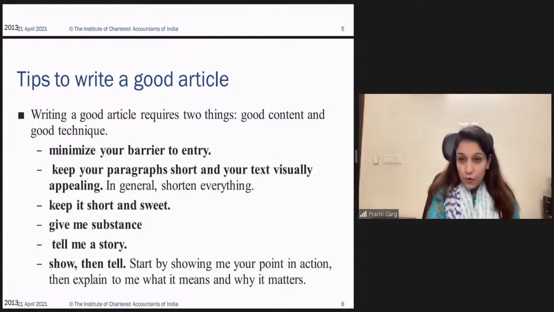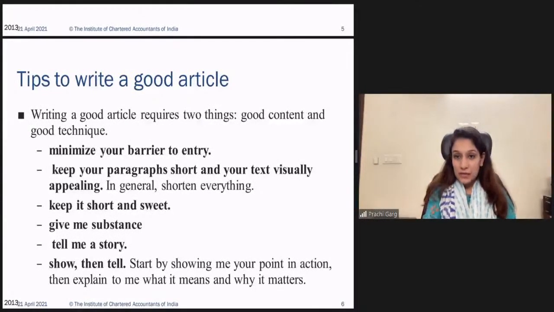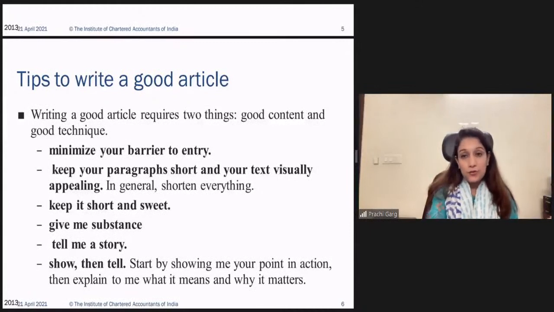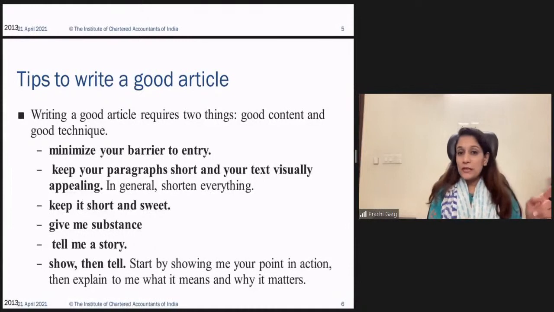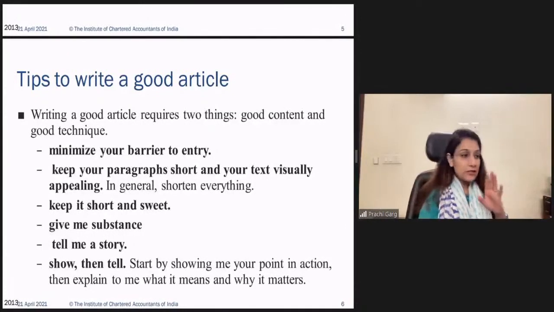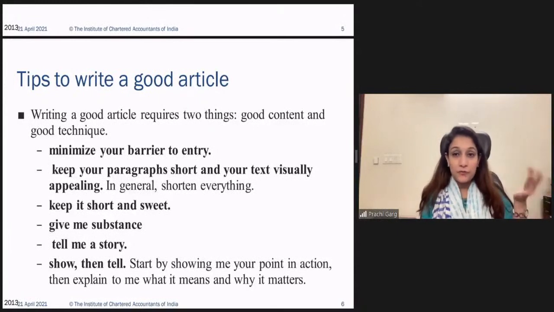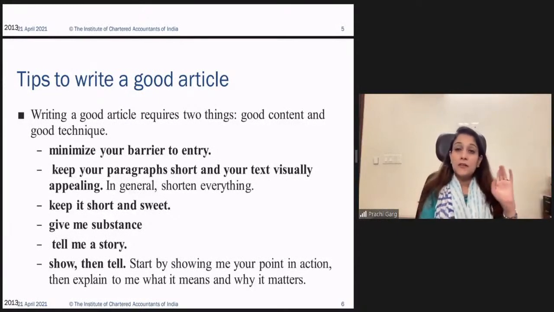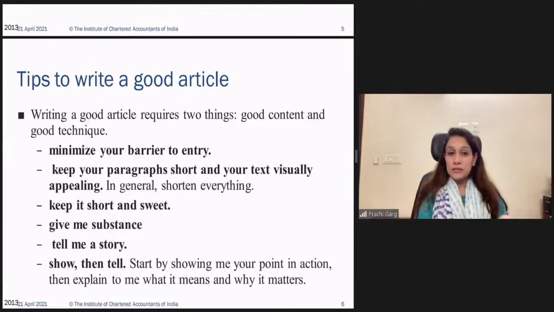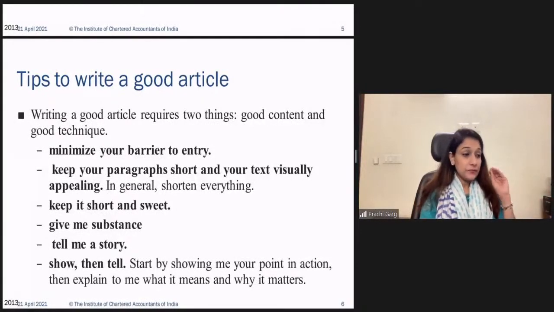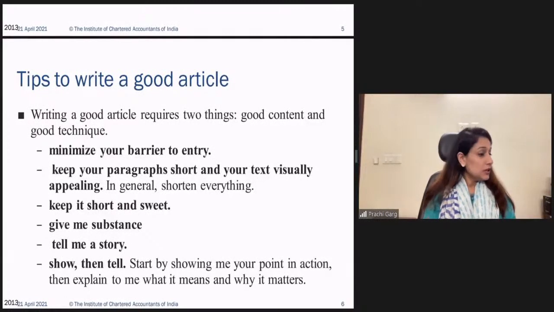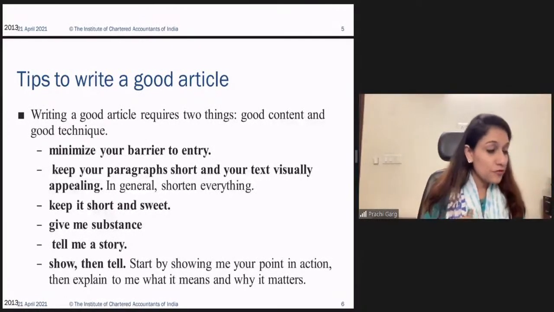Henceforth, we will be discussing some examples and how to write a good article. I will discuss one more example with you, an external example, not from your book. You tell me if you want an example from the same exercise in your study material or some other example. I'll do both.